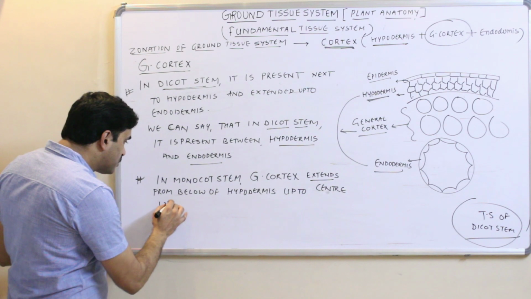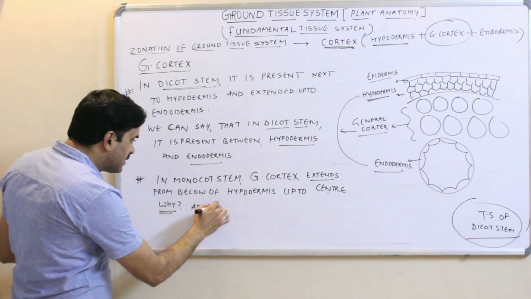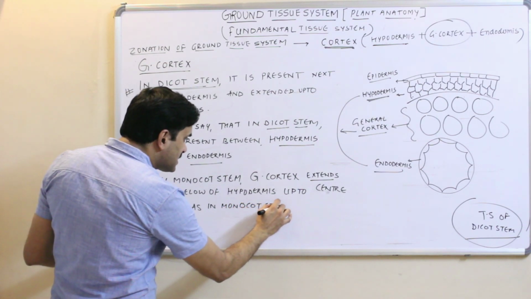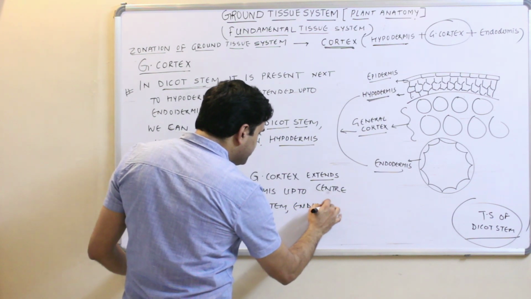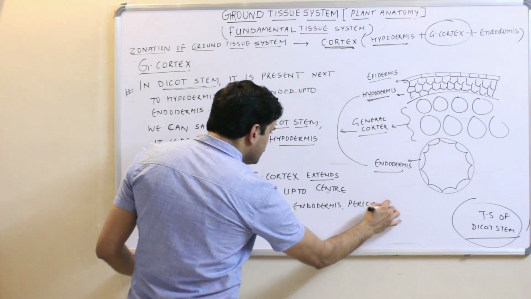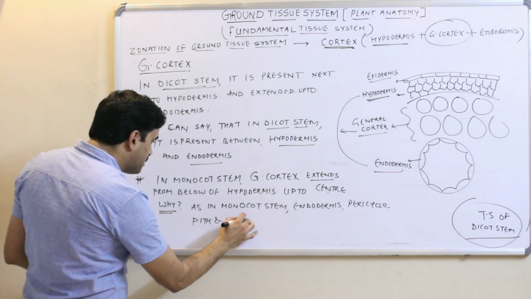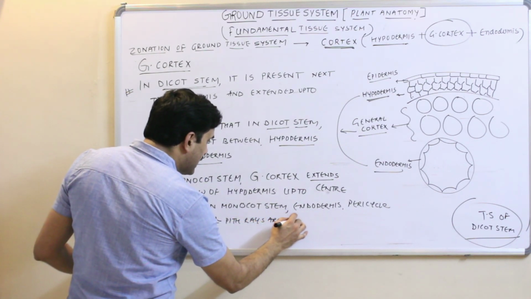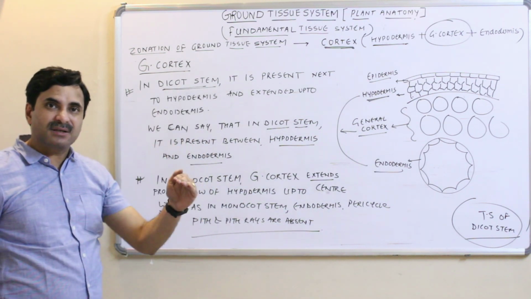Why? Now the question is why? As in monocot stem, endodermis, pericycle, pith and pith rays are absent, so nobody will stop it.